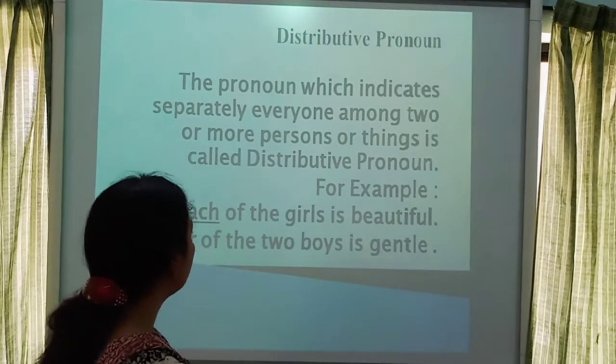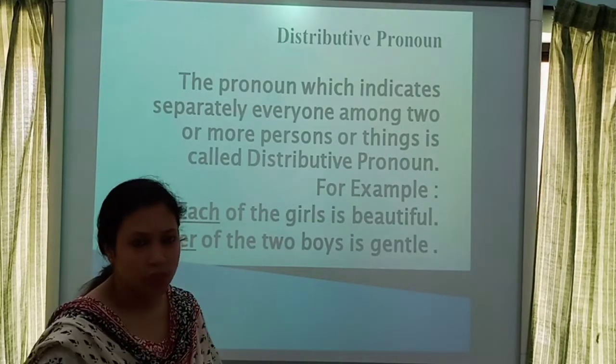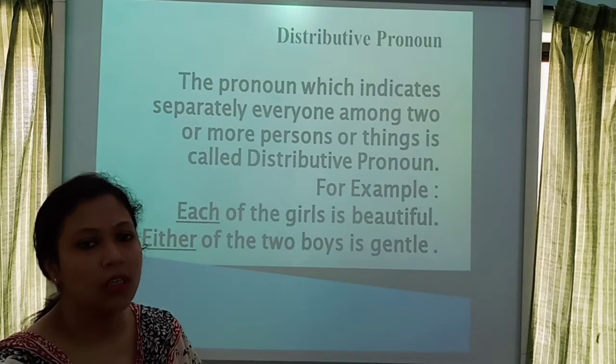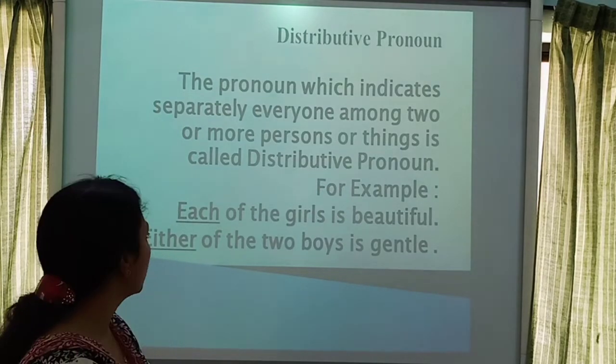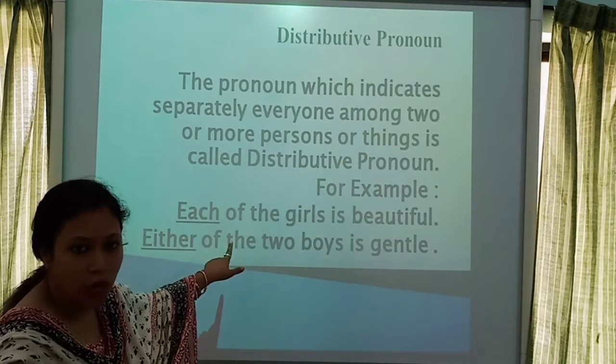For example, each of the girls is beautiful. Here, each is a distributive pronoun.